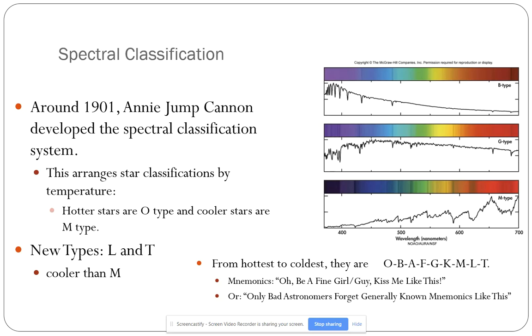It just gives you the order from hottest to coldest for the spectral classes. The other one, only bad astronomers forget generally known mnemonics like this. That's an extra tricky mnemonic because it starts with an M, but it sounds like it starts with an N. That's probably not the one to memorize. You should have this memorized.